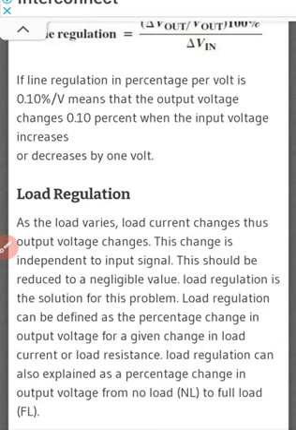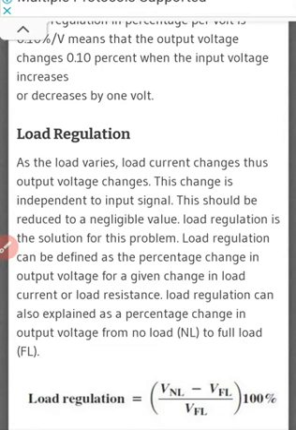This change is independent of the input signal. Why independent? Because as we see in our circuit diagram of the regulators, whatever changes happen in the output are not communicated to the input.